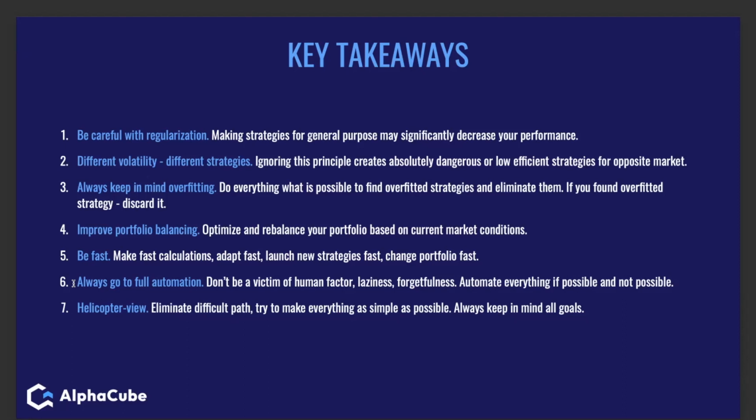To be honest, my personal opinion is that everything you do in trading and investments should be automated. Don't be a victim of the human factor, of laziness, or forgetfulness of your team. You can make some great strategy, make some great trade, but in 2-3 months you can forget how you did it.